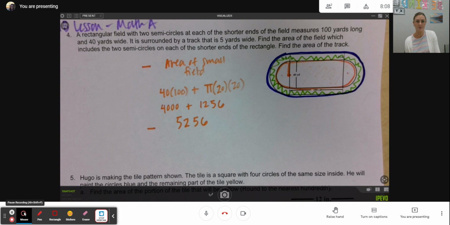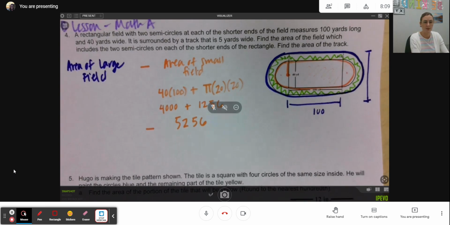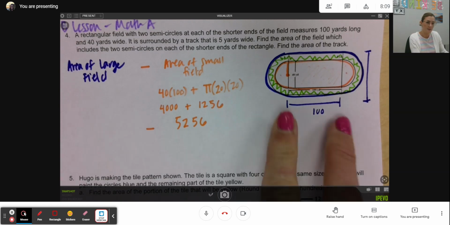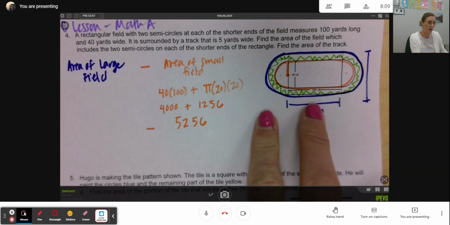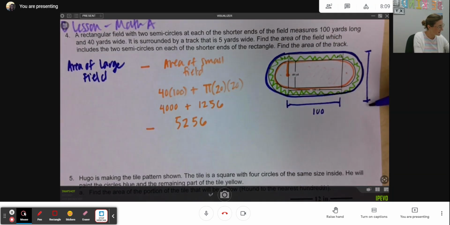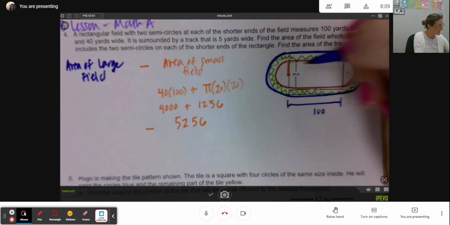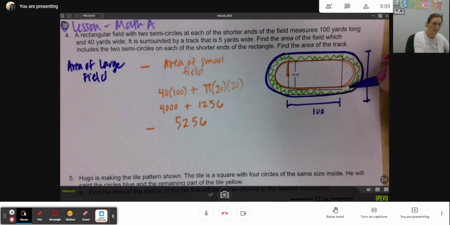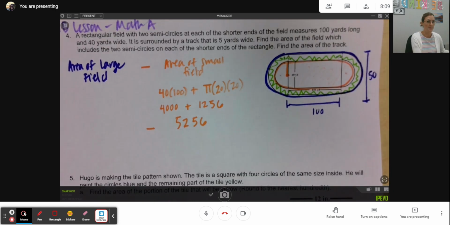And I encourage you to pause it and try this on your own at this point. So the measurements for the larger field are a little bit different. The rectangle is going to be the same across, the same base of 100, but the height is this 40 plus the 5 here and the 5 here. So it's actually now 50 all the way up and down.